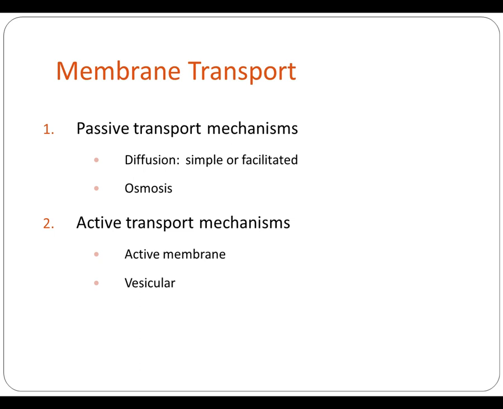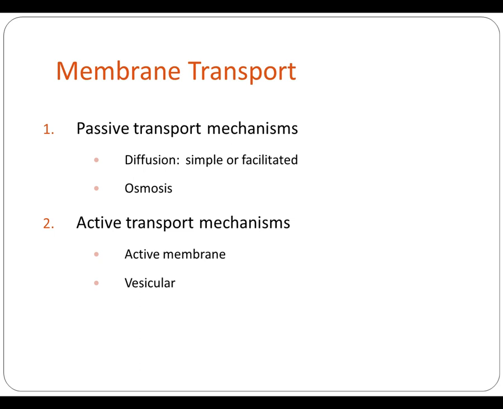Extending that even more, if a cell creates a gradient, if a cell creates a difference, what would be the purpose of creating a difference? For different functions, okay? The cell's going to create a gradient so it can use it for different functions.